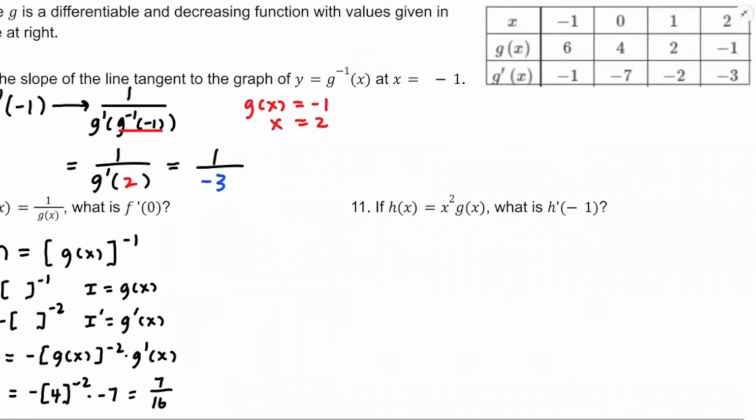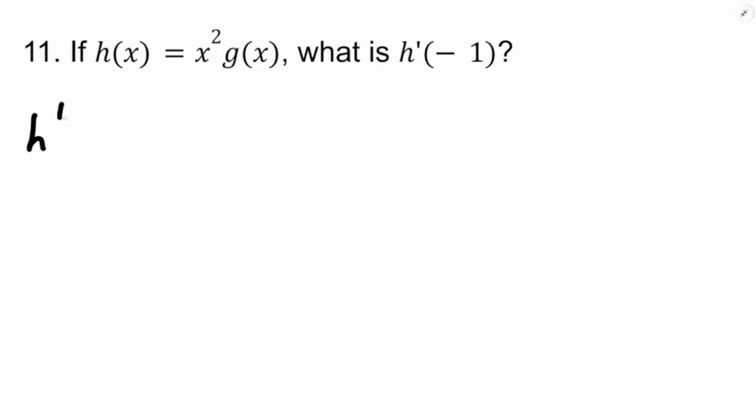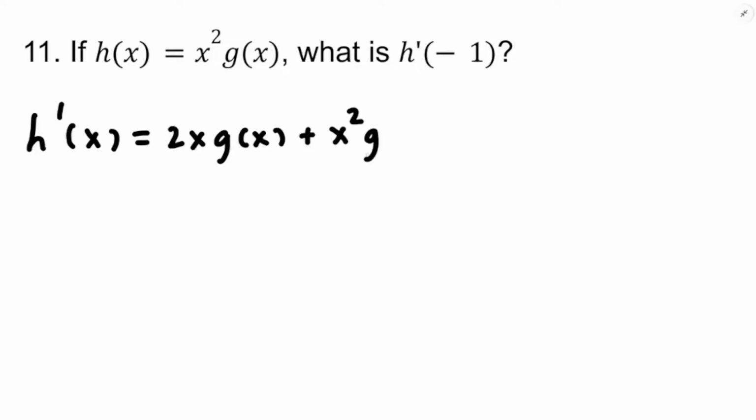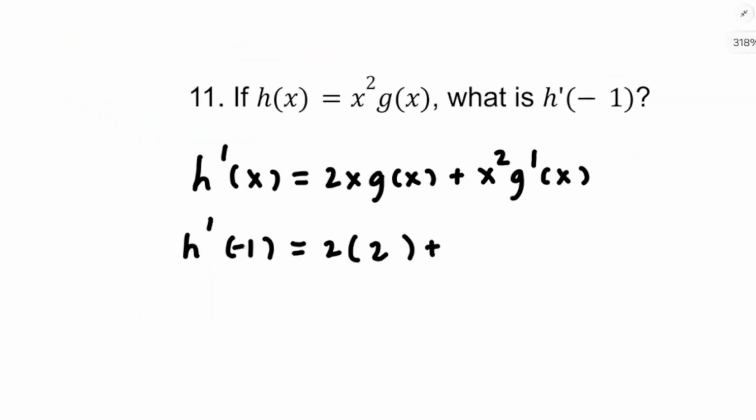Right, oh, there's another one up here. Now we got some product here, so we're going to use the product rule. Say h prime of x equals 2x g of x plus leave x squared the same, take the derivative of g. At x equals 1, plug in x equals 1, 2 times 1 times g of 1. g of 1 is 2 plus, it was asking for negative 1, not 1.